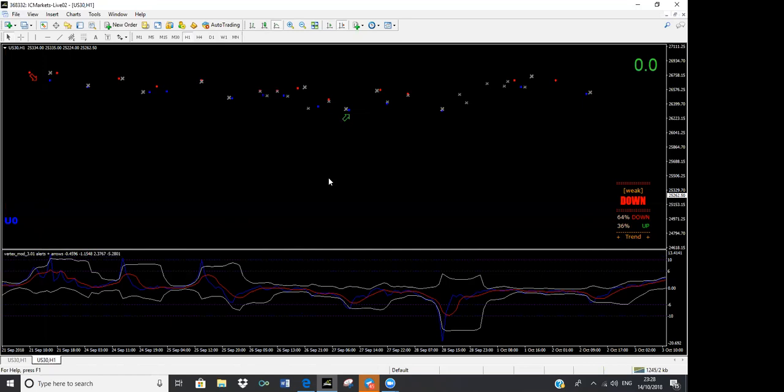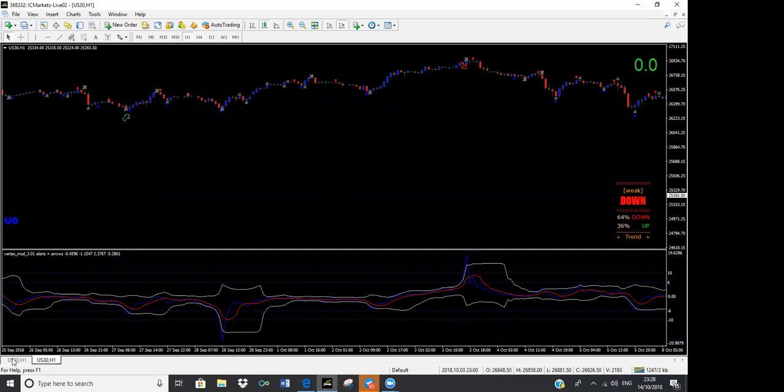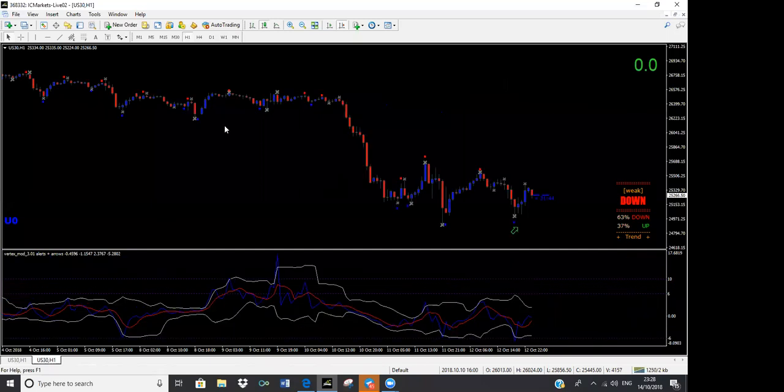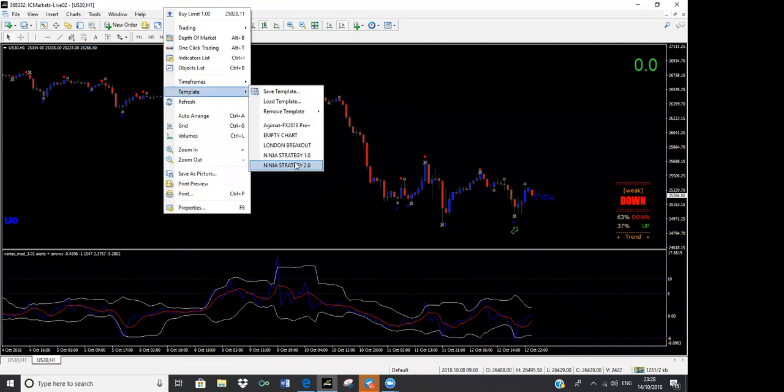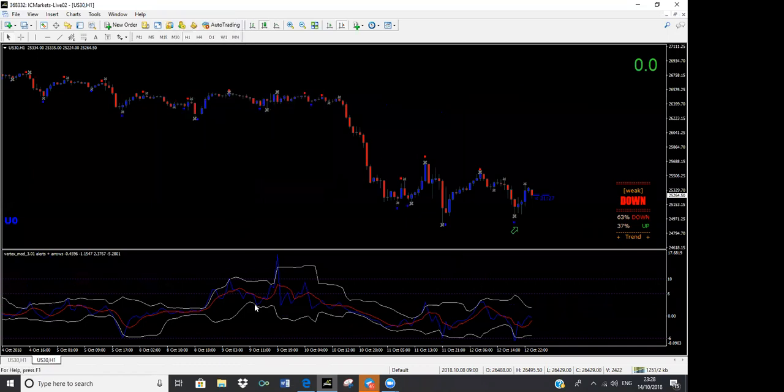Here we've seen a lot of noise. If I was to pull back to the new strategy, we don't see noise in the market. Here, a lot of things are happening with the vortex. Here, we don't even see much happening with the vortex, but we have clear entries.